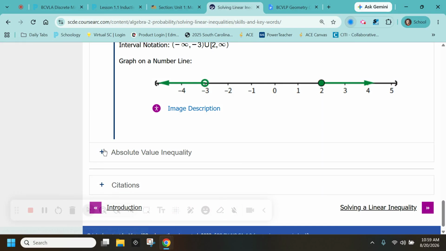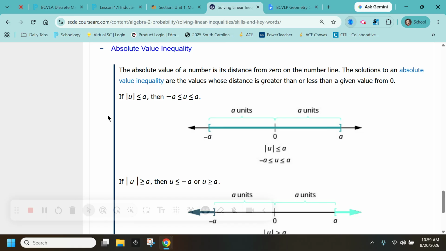Absolute value: if the absolute value of u is less than or equal to a, then you can rewrite our inequality as -a less than or equal to u less than or equal to a. If your inequality is set up so that the absolute value of u is greater than or equal to a, then you have an or statement.